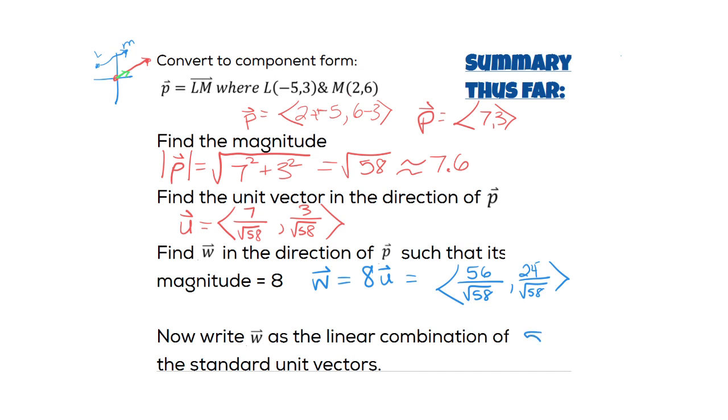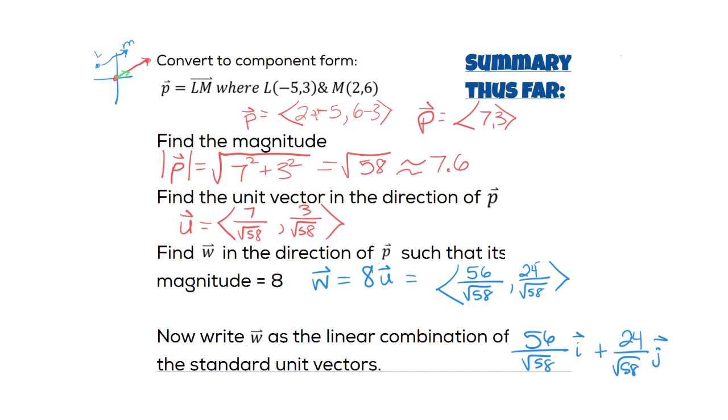It would look like this: 56 over square root of 58, vector i, and then a plus sign. It can be a minus if the next term was negative, but then you write 24 over square root of 58, j. Do not put a comma. Don't put the pointy brackets, none of that. It's just a plus sign with your i and j. All right, that's what we did previously.